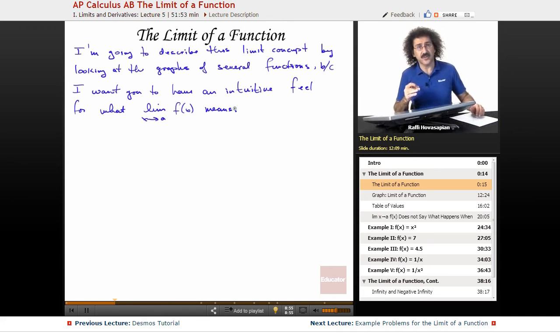If you have an intuitive understanding, then any math that we do on a formal level will make sense. But if we just throw out some formal definition involving mathematical symbols, no matter how we can explain it, you need to get a feel for it. It's very, very important. The intuitive is actually more important than the formal mathematical at this level.